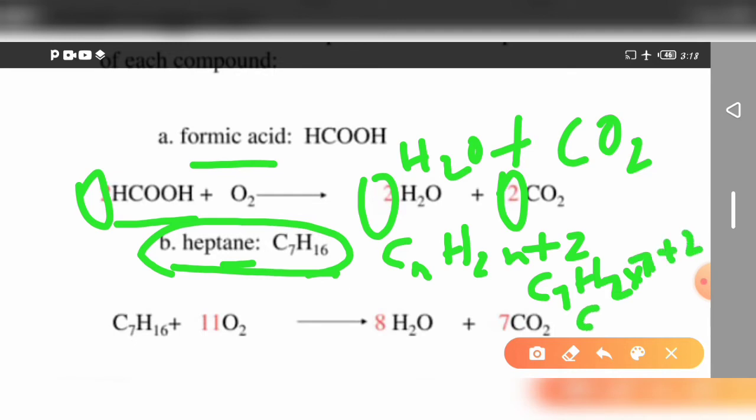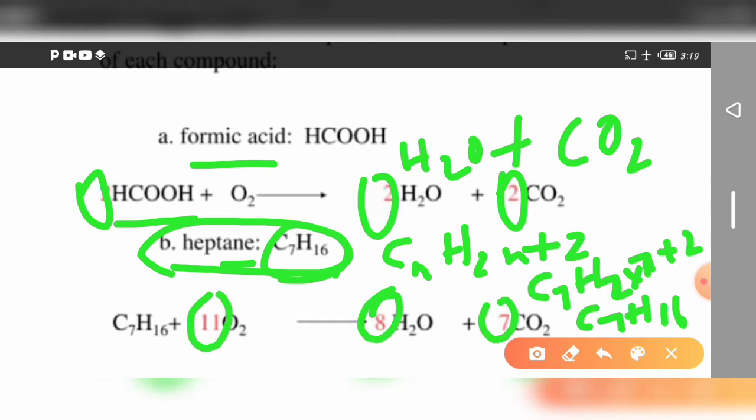See here, is it correct or not? Yes, heptane is C7H16. It reacts with oxygen to form H2O and CO2. You have to balance the equation, so you put here 11, here 8 and here 7.